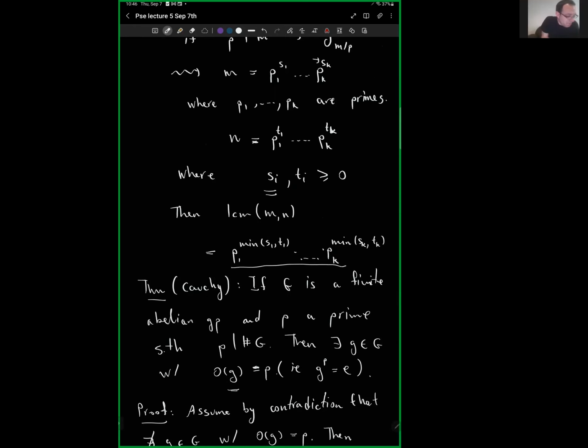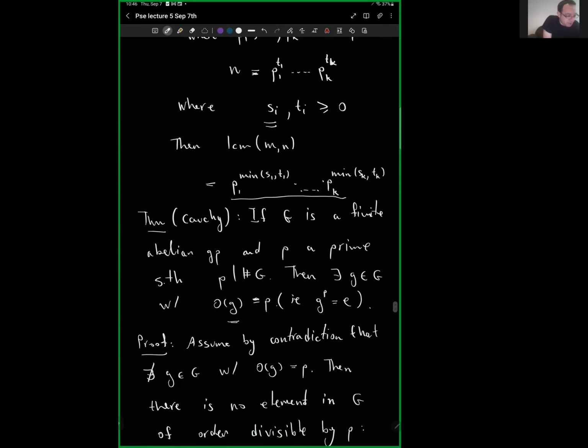So if P was some factor in this product, it would mean that P would be a factor in some product expressing one of the mi's, and that would mean that P divides mi, which we know cannot happen.